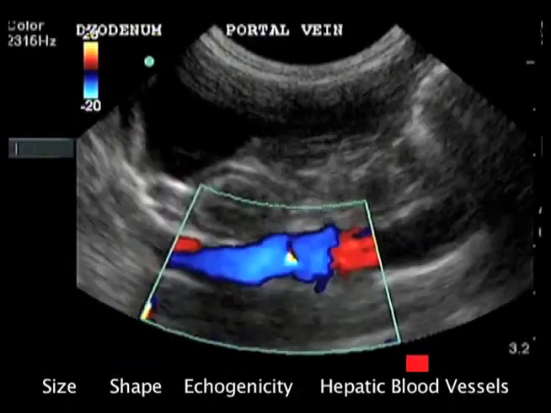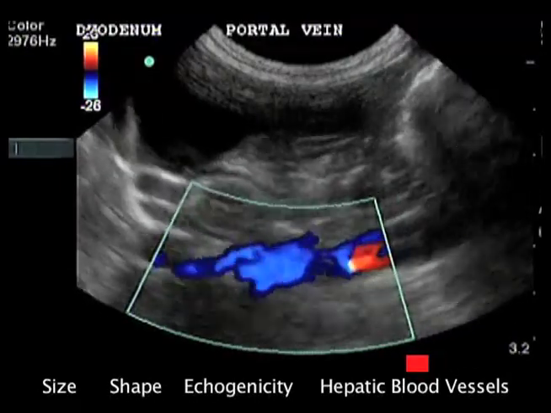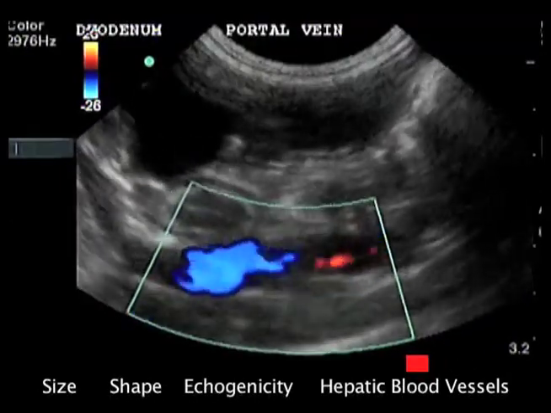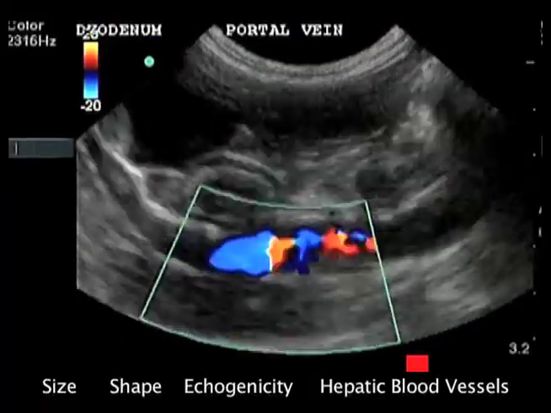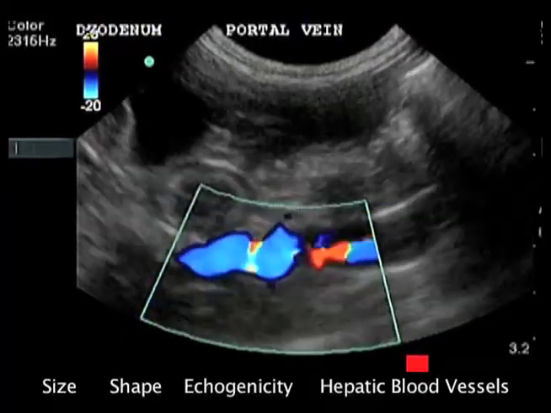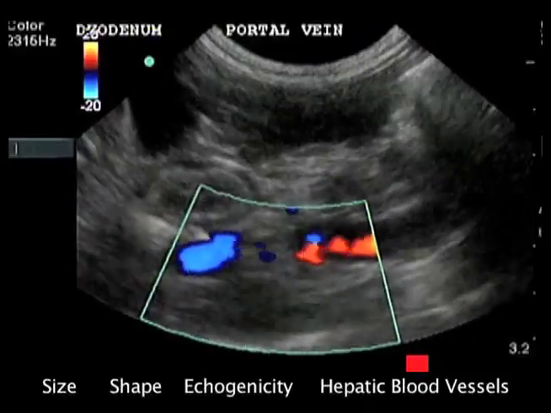Color flow Doppler is very helpful in identifying and locating blood vessels. Color flow Doppler shows direction of blood flow. The ultrasound beam originates from the transducer and is depicted as originating from the top of the ultrasound screen.